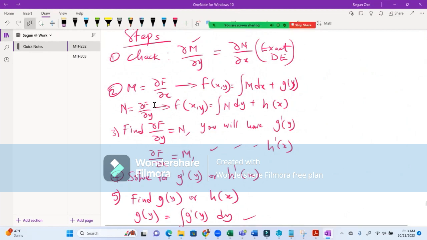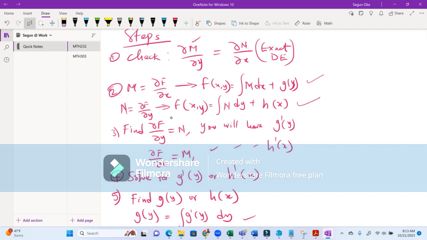So if I integrate M with respect to x and add g of y, I will have what we call f. If I do this, then after the differentiation, I equate my differentiation to be equal to N, in order to differentiate g of y.